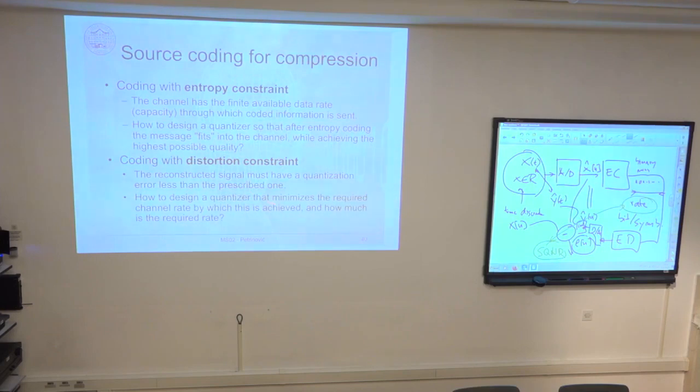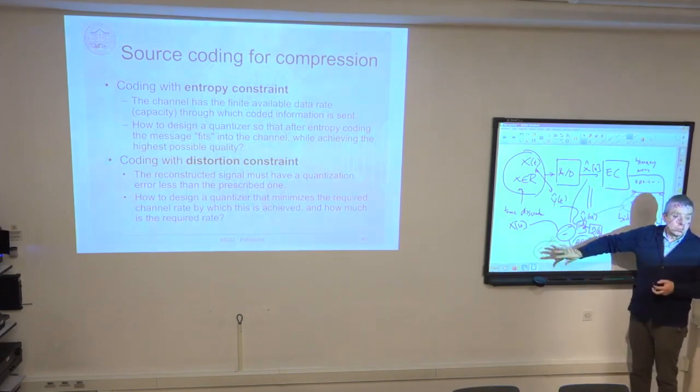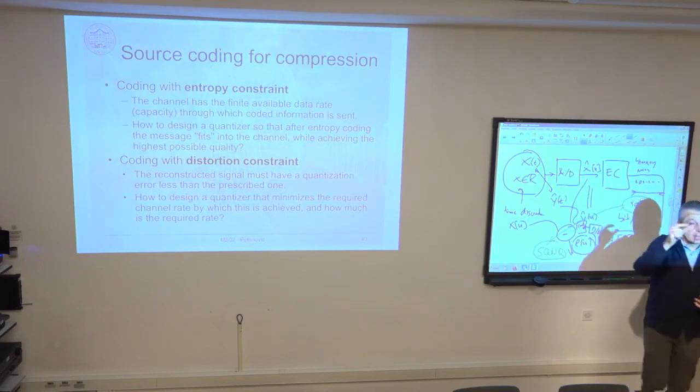The other way would be distortion constraint, where somebody told you that the distortion must be less than something. For example, it is required that this signal is transmitted with at least 30 dB SQNR. In this case, you have this quality constraint: it must be better than some bound, 30 dB. Based on that, you have to decide again the step size.